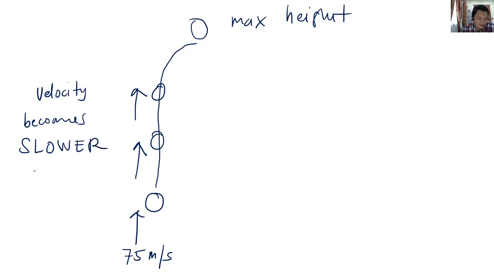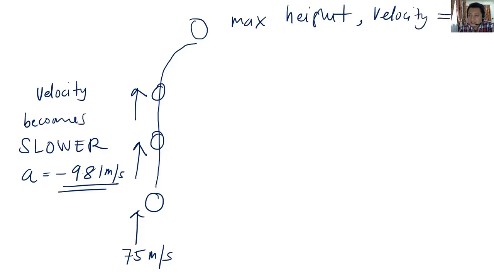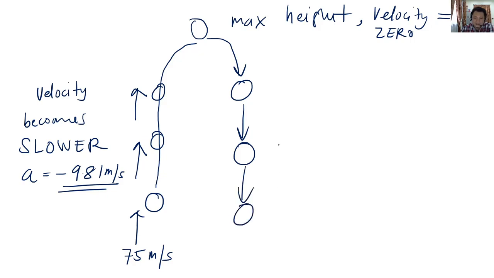A is equal to negative 9.81 meters per second squared. It becomes slower. At maximum height, velocity becomes 0. As it goes down, it accelerates. Goes down, accelerate.